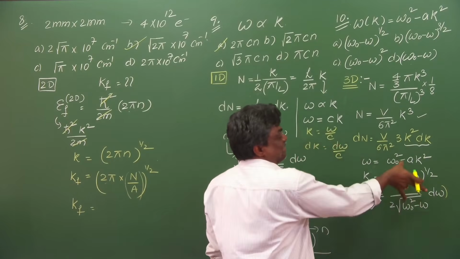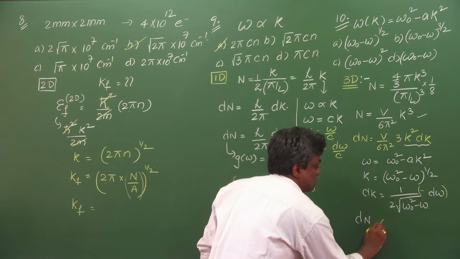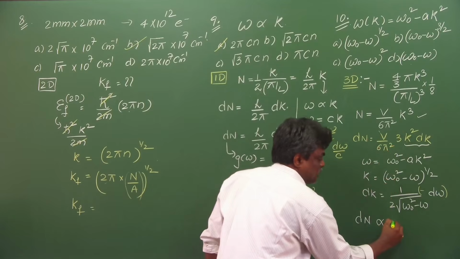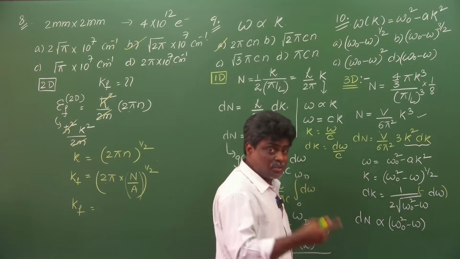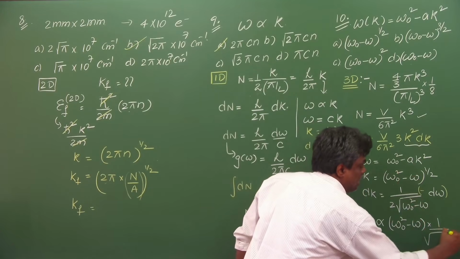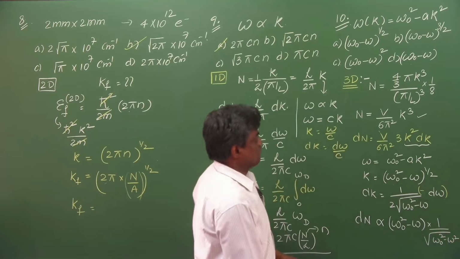Now take everything and substitute here. So dn, I want only proportional, so this is no need to consider. K square, omega naught square minus omega square into dk, 1 by under root.